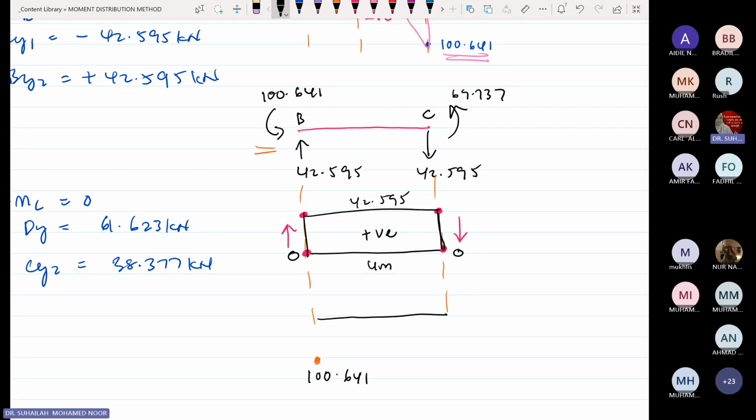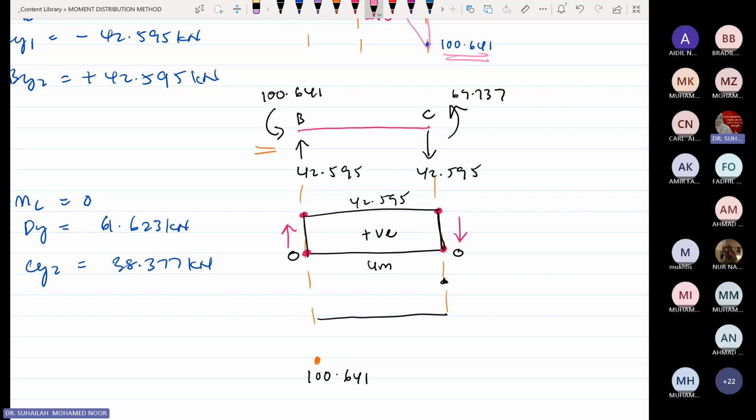So nak check whether the calculation we made is right or wrong. Actually kita akan dapat balik the moment 69.737 tu when we plus the area. Cuba check. Does negative 100.641 plus with 42.595 times 4, you dapat tak 69.737? Dapat.